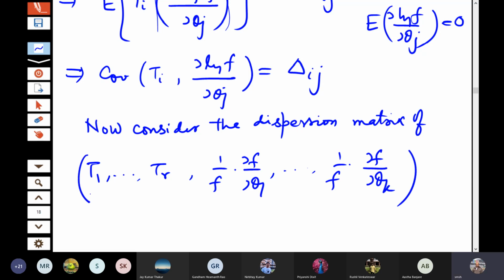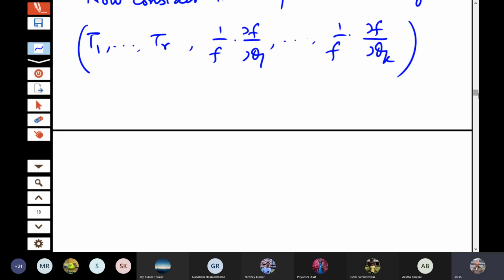So this is r plus k dimensional. In the dispersion matrix, what are the terms you will get? You will get the variances of each term. So for each of them, you will get the variance here.